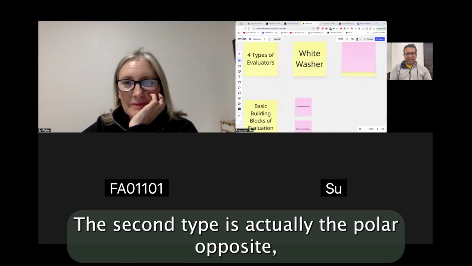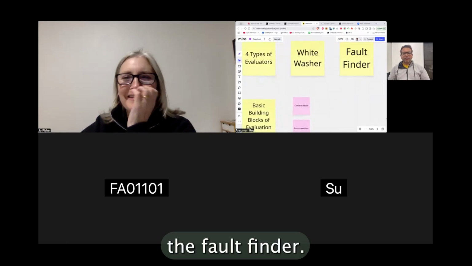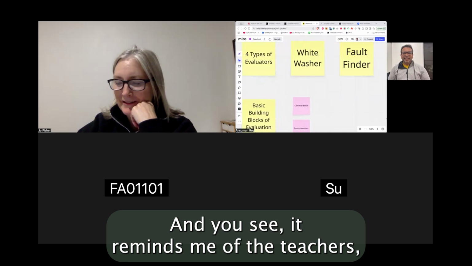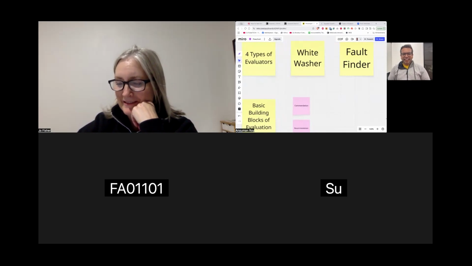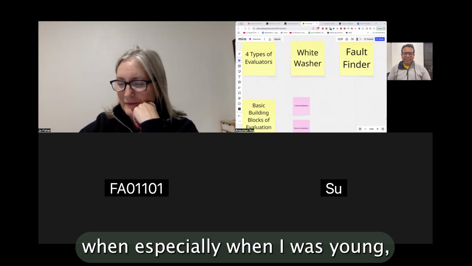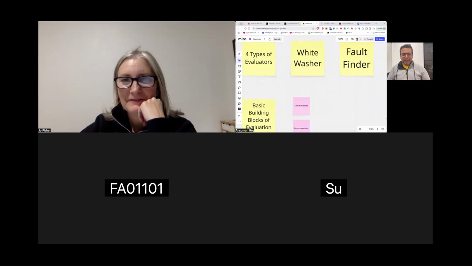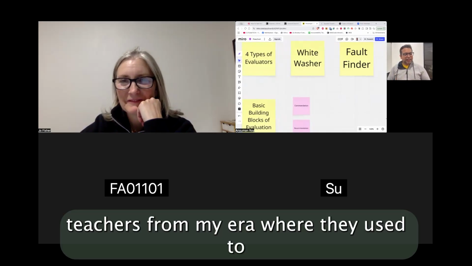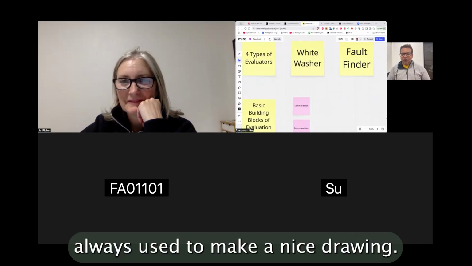The second type is actually the polar opposite, the fault finder. It reminds me of the teachers from my era, when I was young, who used to make a nice drawing.